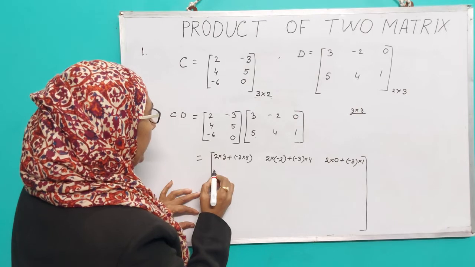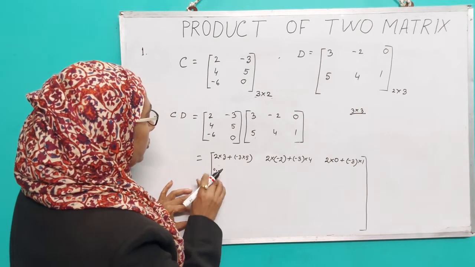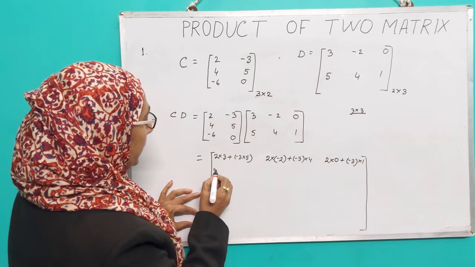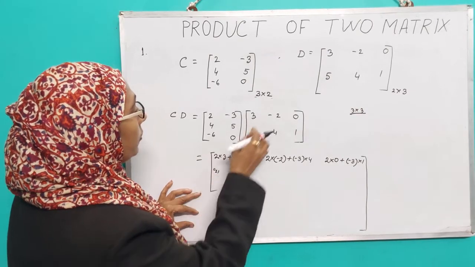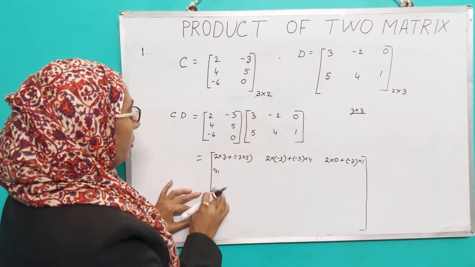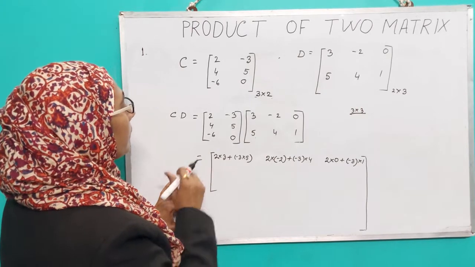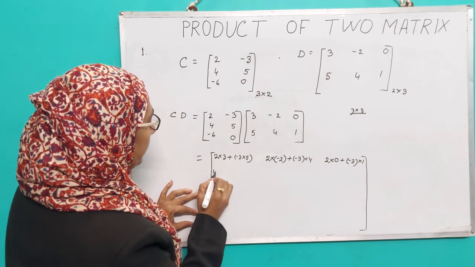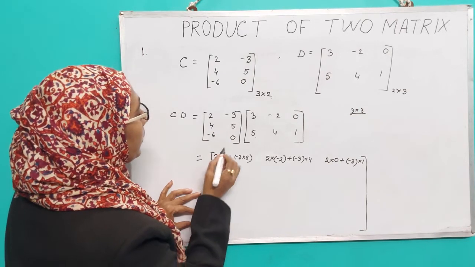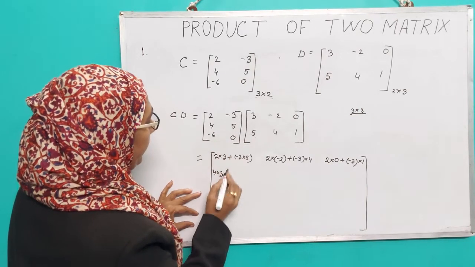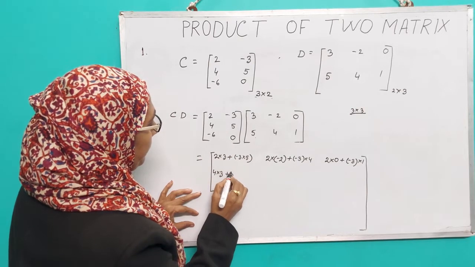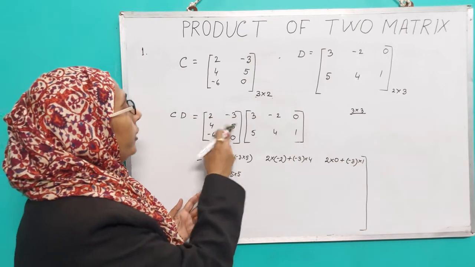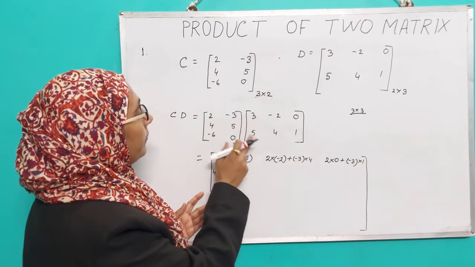Next, this element is A23. So, second row, this element is A21, second row with first column. Second row is 4, 5, so 4 into 3 plus 5 into 5. Is that clear?